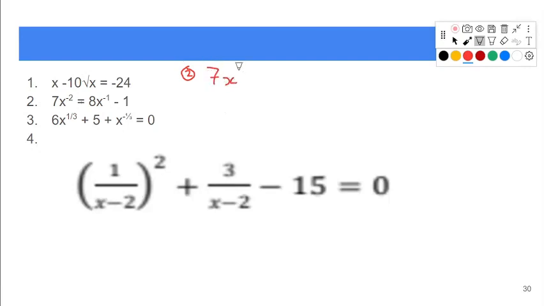7x to the power of negative 2 is minus 8x to the power of negative 1 plus 1, because we're bringing over the negative 1, is equal to 0. So what we can do in this case is we can let y equal x to the power of negative 1.